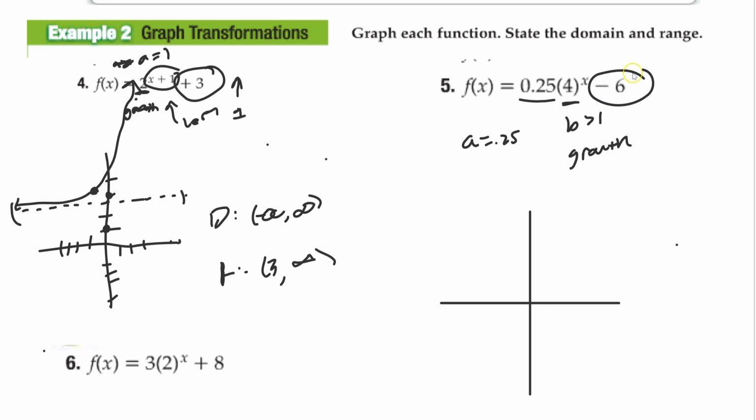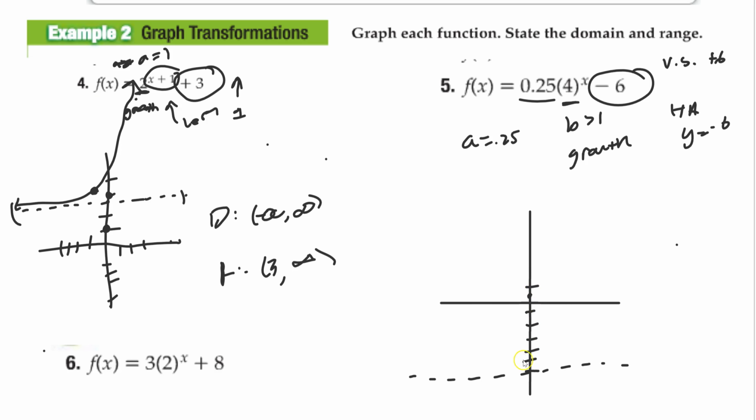Then I have my vertical shift, and also my horizontal asymptote. So normally I would cross at 0.25. Right, that's what that does. But then we're going to move down 6. So the asymptote's at -6. And then we cross at 0.25.